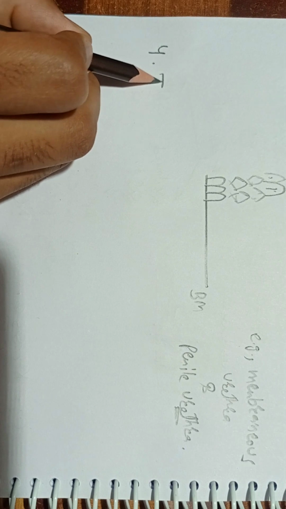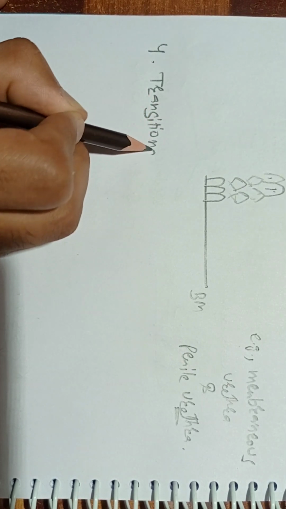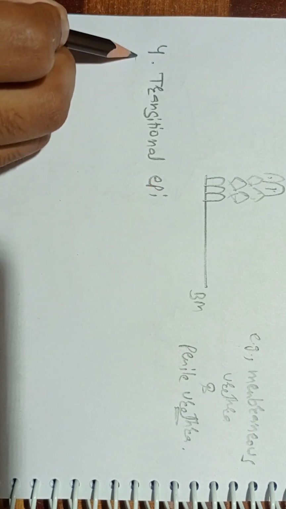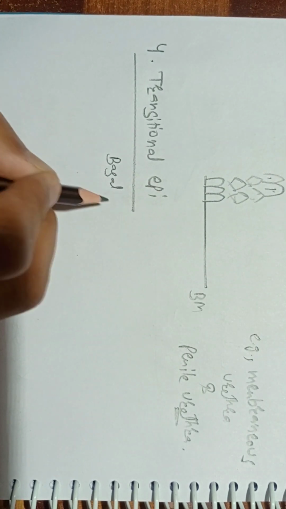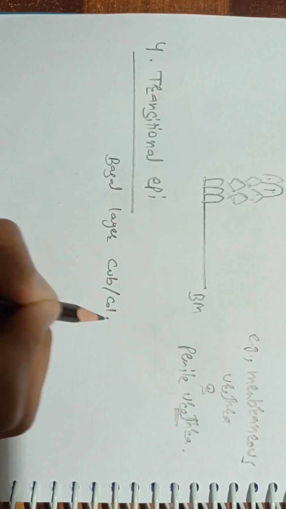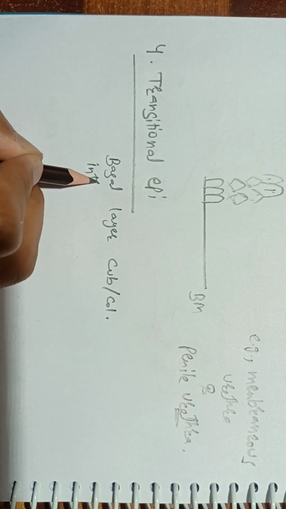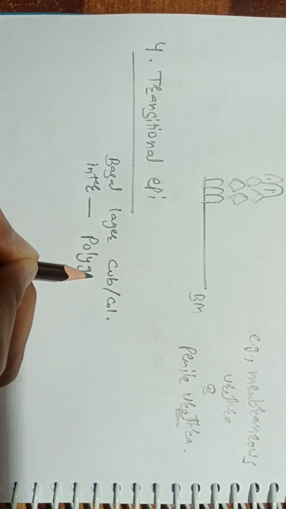Now the last and the most important compound epithelium is transitional epithelium. Like the others, first we have the basal layer, which is cuboidal or columnar. Then we have the intermediate layers, which are polygonal.